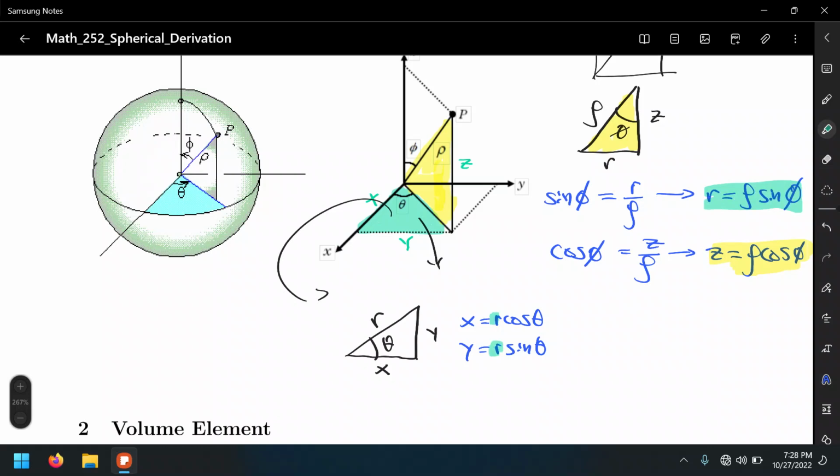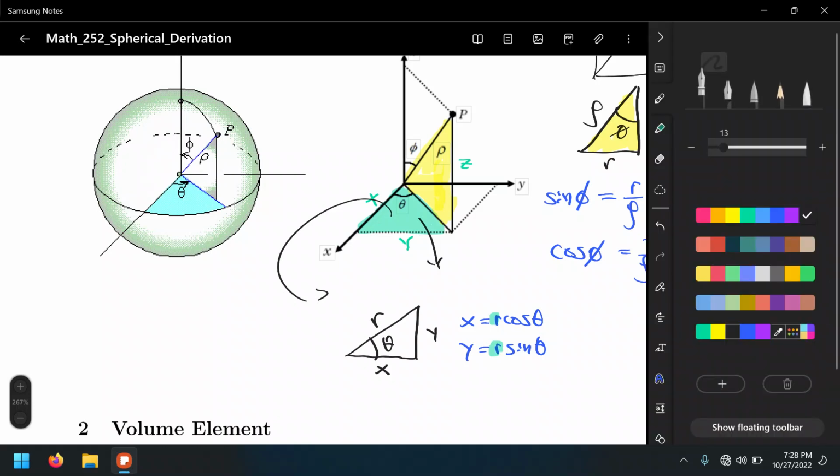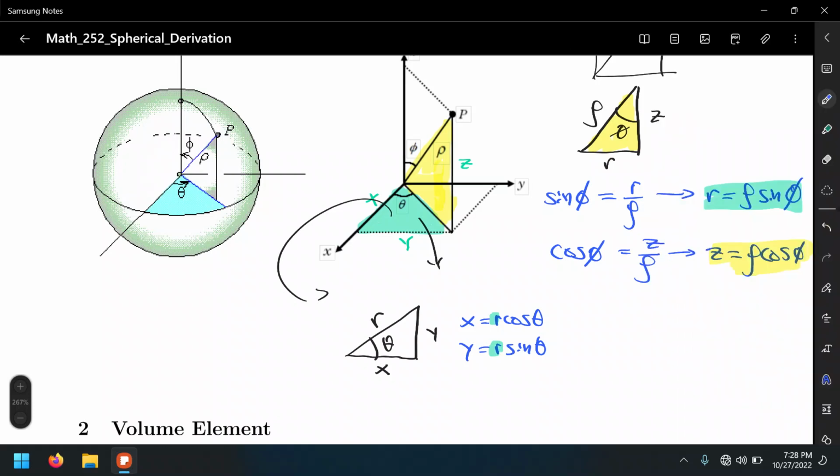Plug it in here, plug it in there, and we got it. That's rho sine phi cosine theta, rho sine phi sine theta. And those are the three formulas to convert. Those are the conversion formulas from spherical to Cartesian.